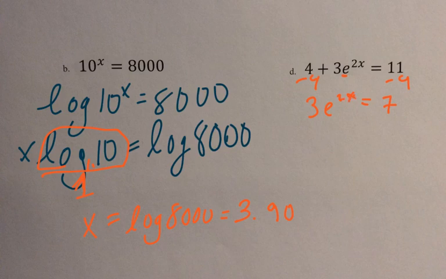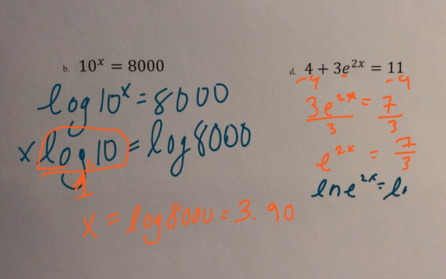Okay, and then we're going to divide both sides by 3. So we're just left with e to the 2x equals 7/3. Now I'm going to take the natural log of both sides. So I'm going to have the natural log of e to the 2x equals the natural log of 7/3.